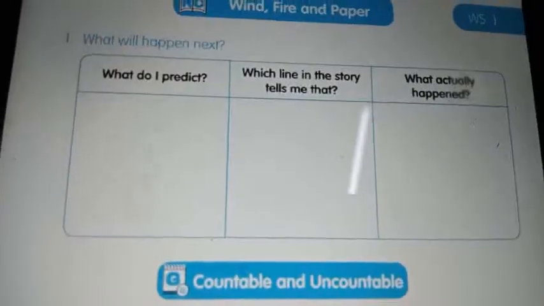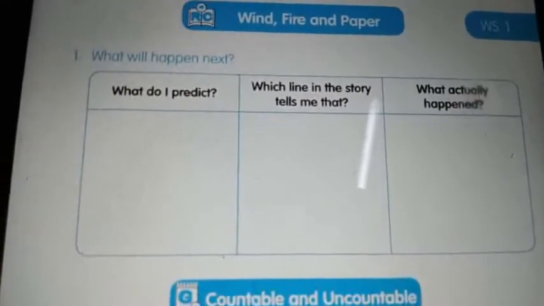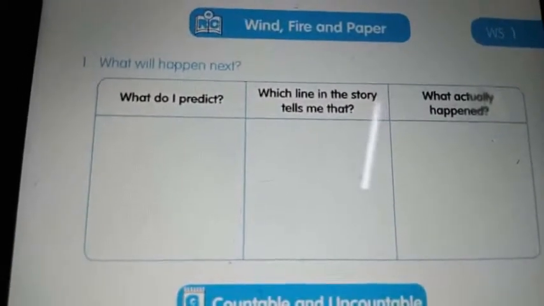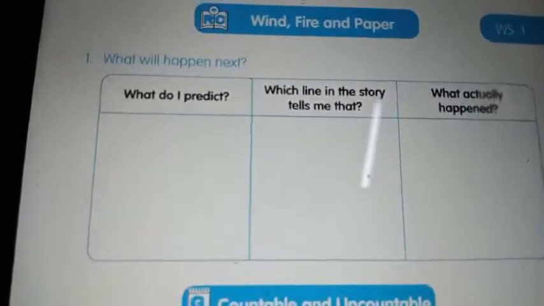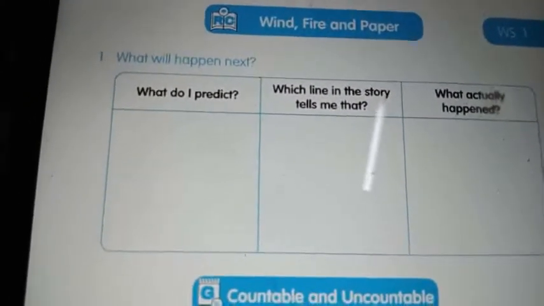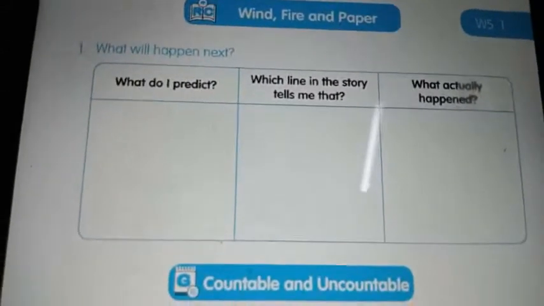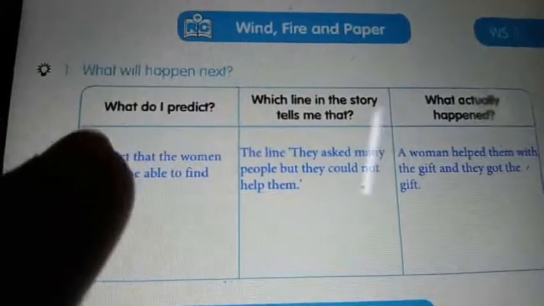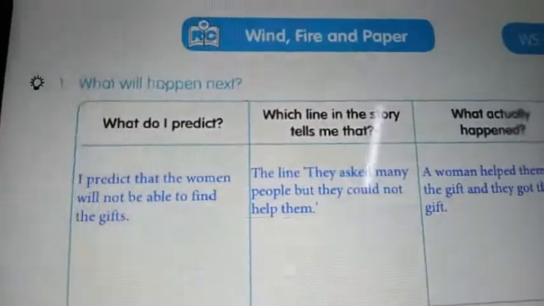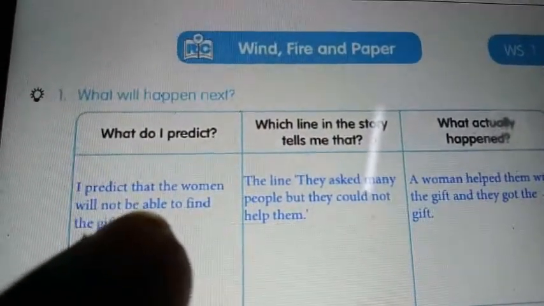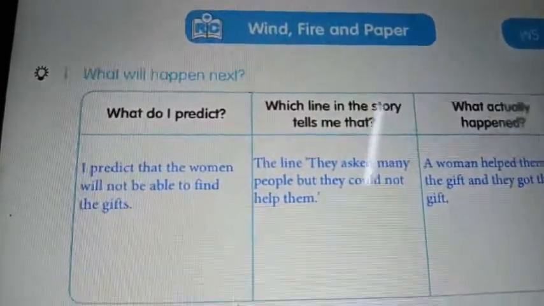Yes. Now, let us see the worksheet number 1, question number 1. What do I predict? Which line in the story tells me that? What actually happened? These 3 things we have to discuss the answers now. What do I predict? I predict that the woman will not be able to find the gift.